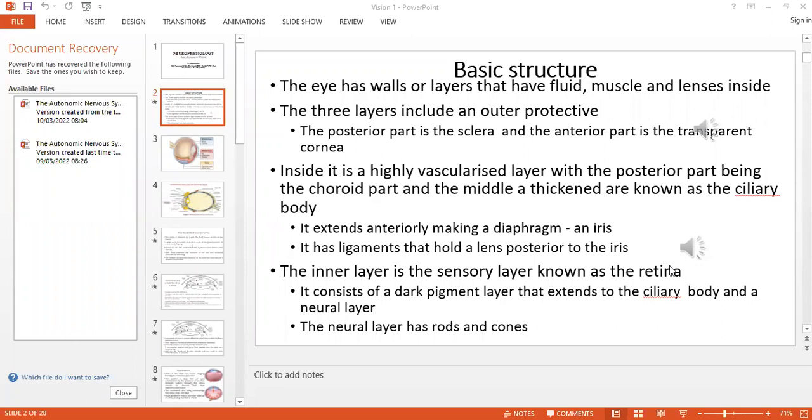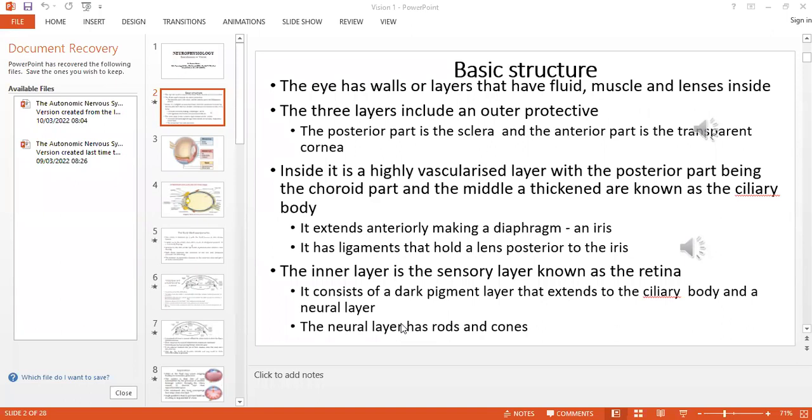It consists of a dark pigment layer that extends to the ciliary body, and a neural layer. The neural layer has rods and what we also call cones. There are two types of cells found in the retina. These cells are sensitive to light, either dull light or bright light.